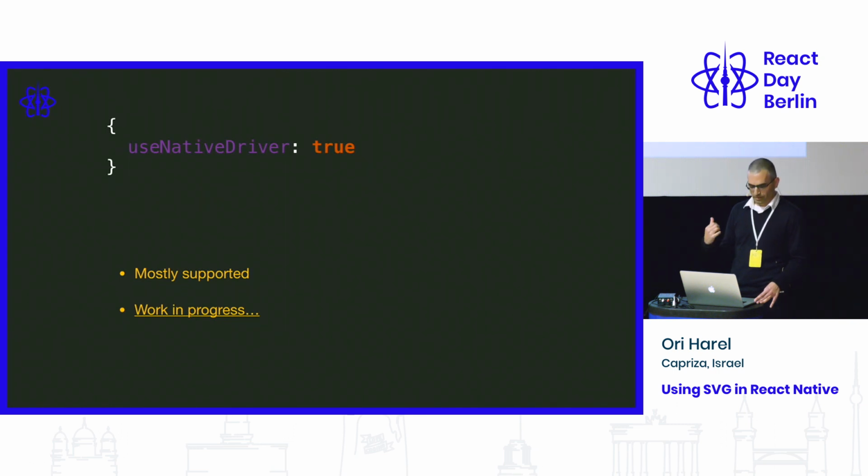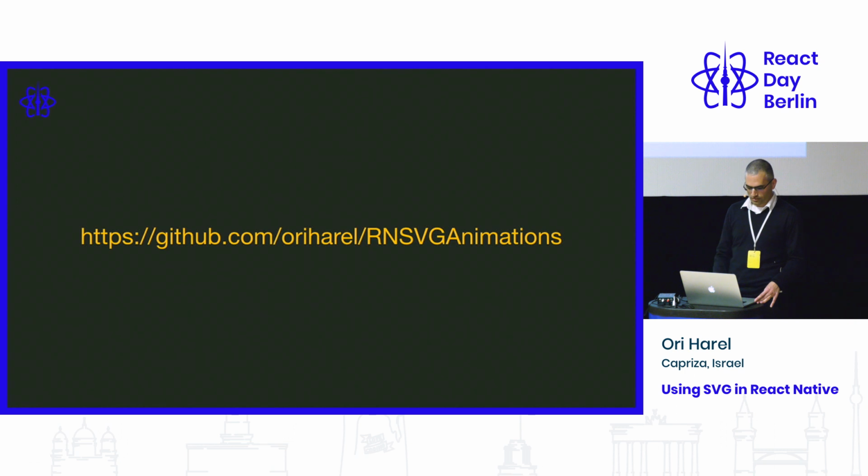There are some working examples in the GitHub repo, so I strongly recommend you to check it out. And yeah, if you want to check out those examples that I showed, you can check out the GitHub repo.